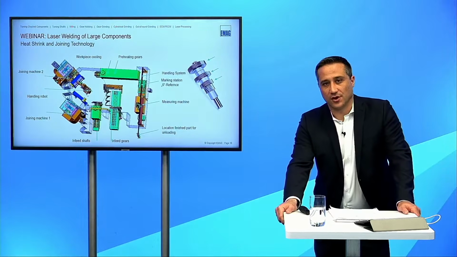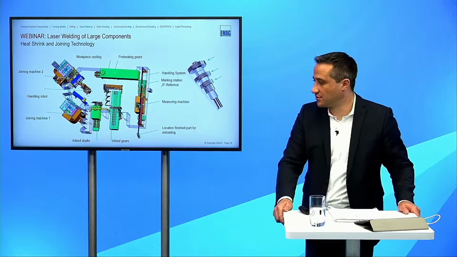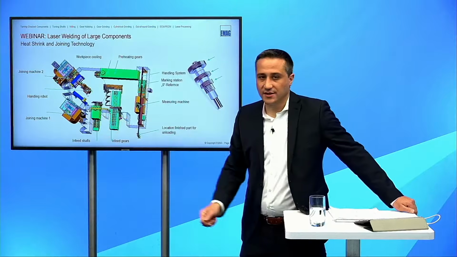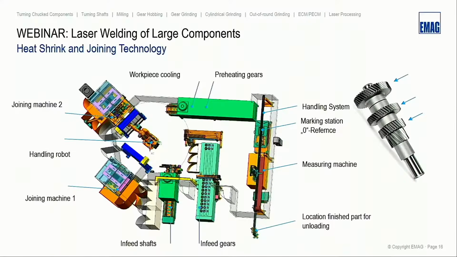In parallel, we also feed the shaft component with a conveyor system into the line with an included cooling system. So we first of all preheat the single components of the gears and also cool the shaft down to a defined temperature to make sure that the tolerances are perfectly fitting, and then the robot in that case is moving the single components into the joining machine 1 and 2.